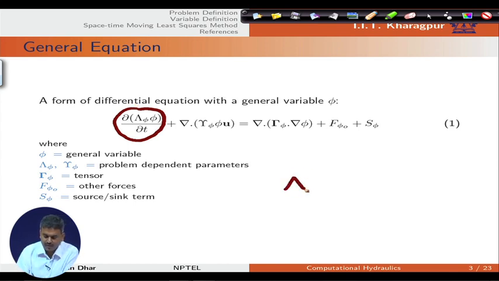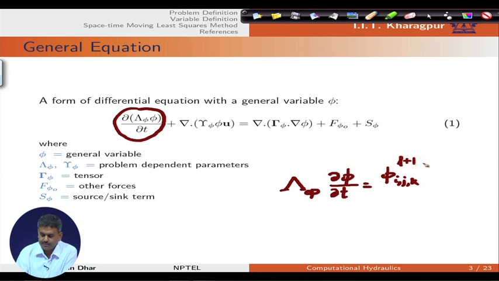Let us say we have phi; del phi del t for the 3 dimensional case we can easily discretize as phi i j k L plus 1 minus phi i j k L, divided by delta t.